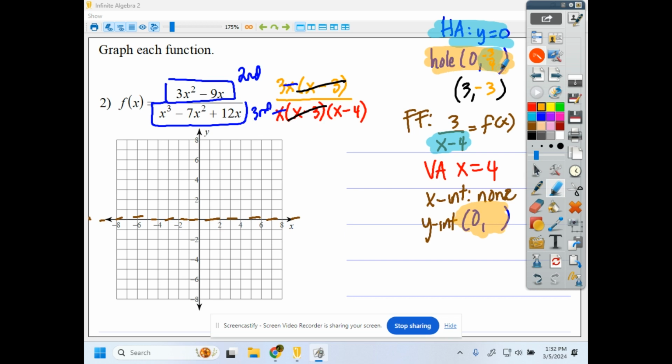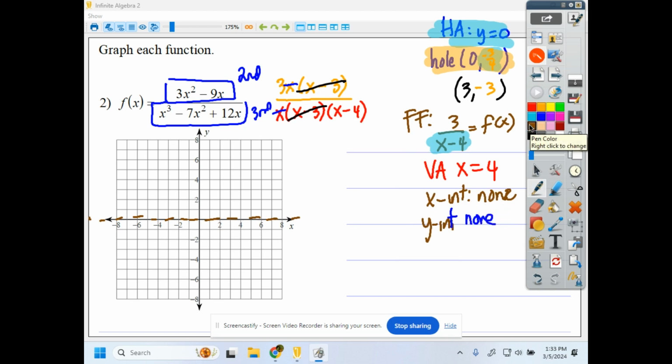That means there should be no y-intercept because it will be the hole. If you plug in the 0 right here, it will become 3 over 0 minus 4, which is 3 over negative 4, the same thing as that one. Unfortunately, as it says here on top, it was the hole. So basically, there should be no y-intercept here because the y-intercept happened to be also your hole.